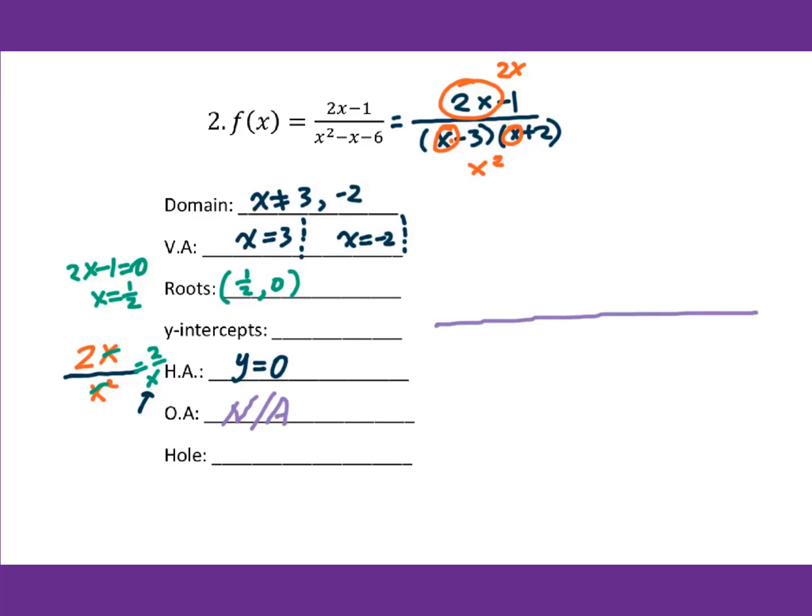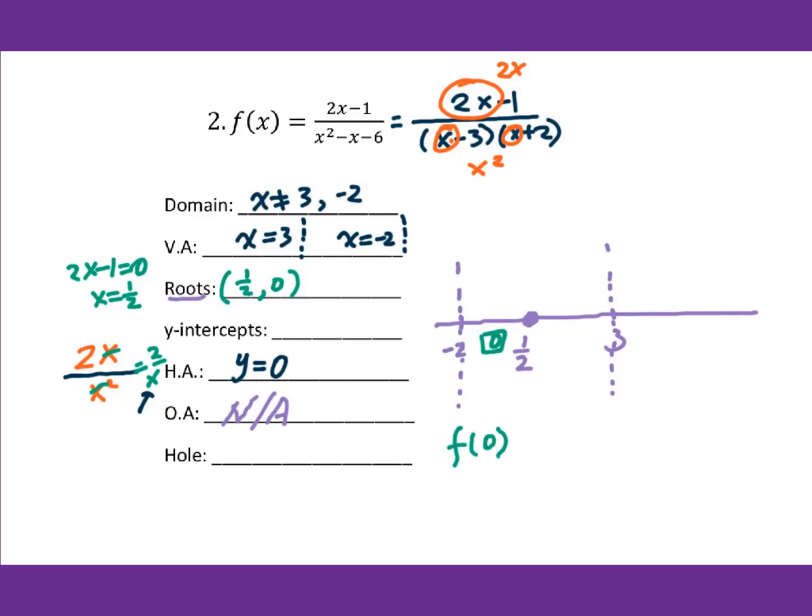So on the number line, we will label roots, then vertical asymptote line. This will be the big dot because that's the root. I will test 0.